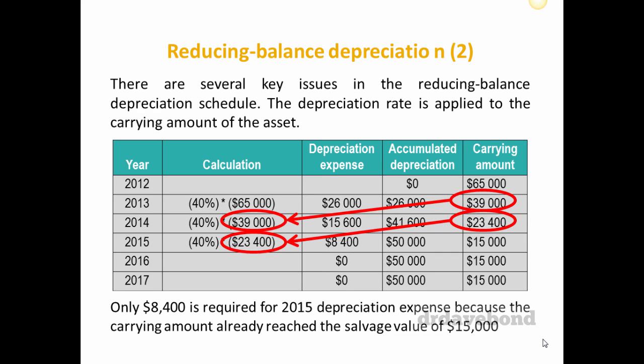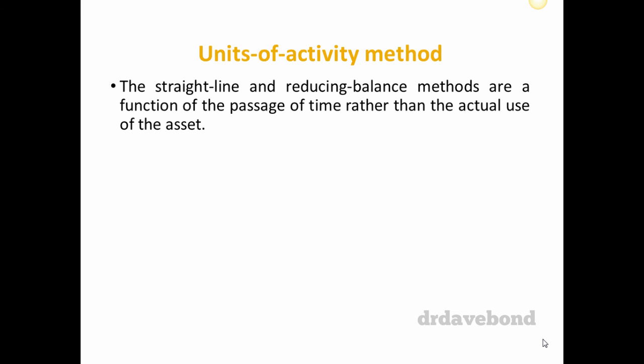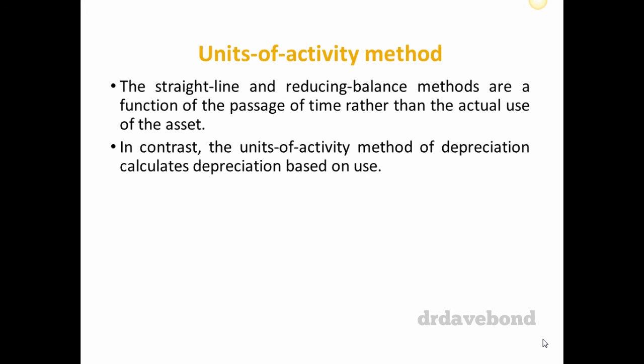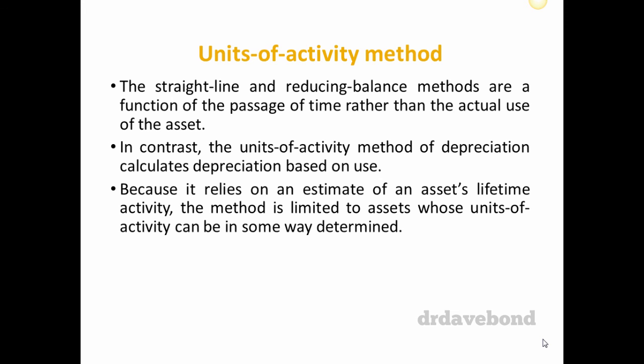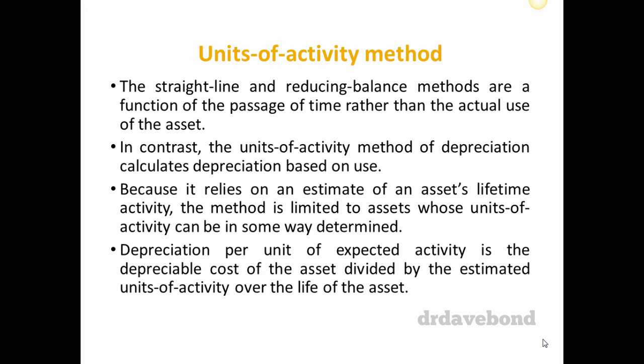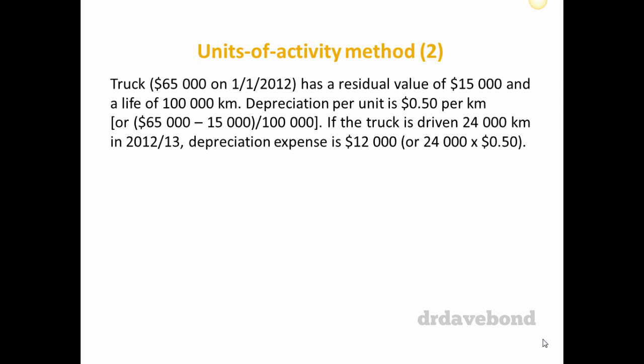The last comment I'll make, because I'm aware there is another class about to roll in: units of activity. The difference is you're not doing it on time, you're doing it on something else. In this case for trucks, you're doing it on kilometers. So the useful life isn't in years, it's in kilometers, and then you do exactly the same idea, just based on how many kilometers a year.